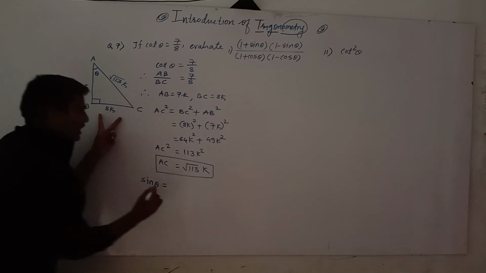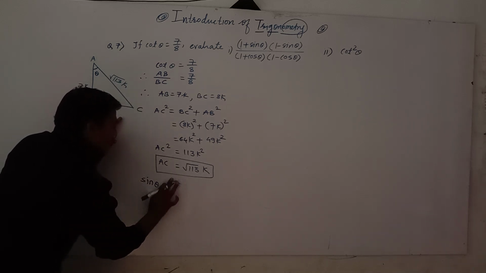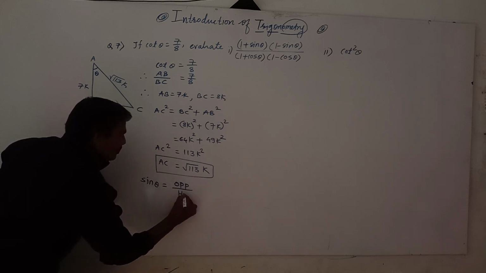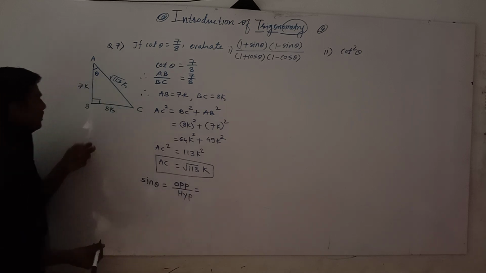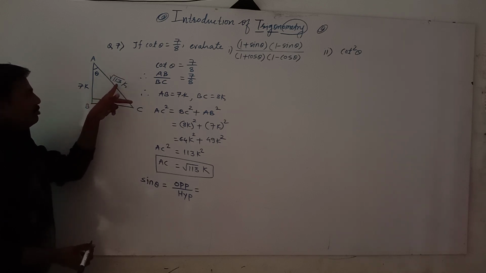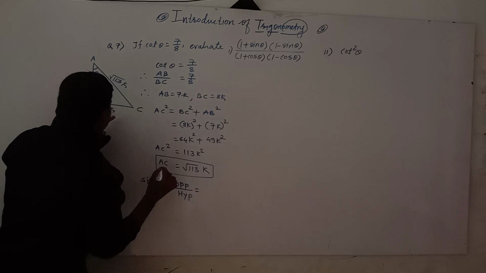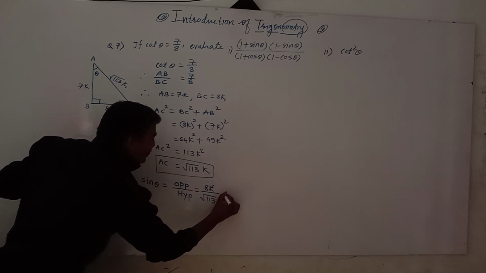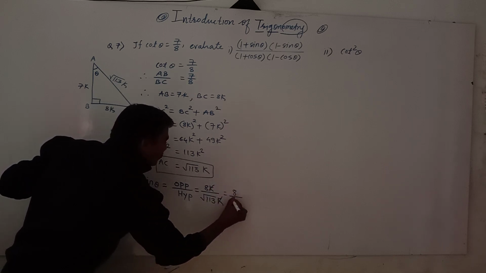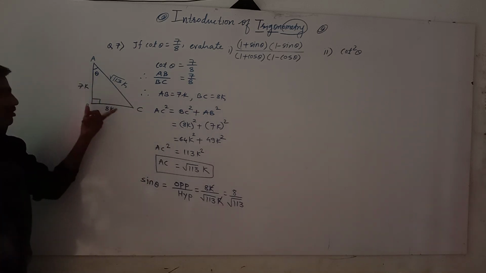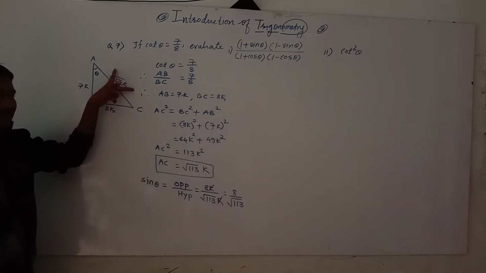Opposite is 8K and hypotenuse is under root 113 K. So 8K upon under root 113 K, K gets cancelled, so sin theta is 8 upon under root 113.